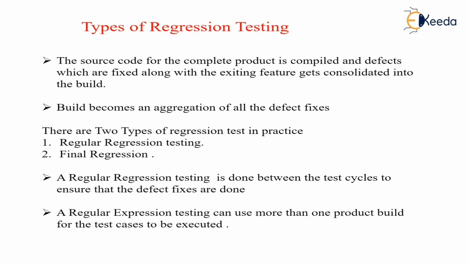The source code for the complete product is compiled, and these defect fixes along with the existing features get consolidated into the build. So, the build is an aggregation of all the different fixes. In very simple words, I would say it is a version released.